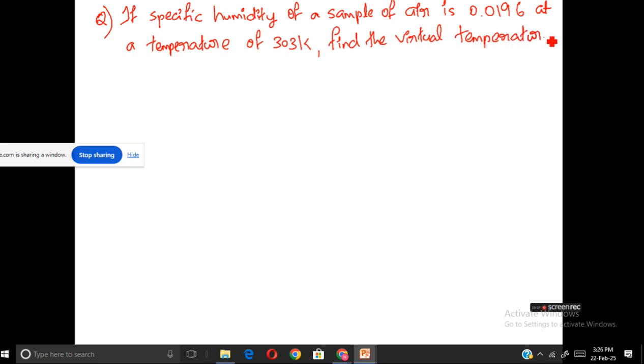What is virtual temperature? Virtual temperature is the temperature that a dry air would have if it was at the same density as that of the moisture, at the same pressure.